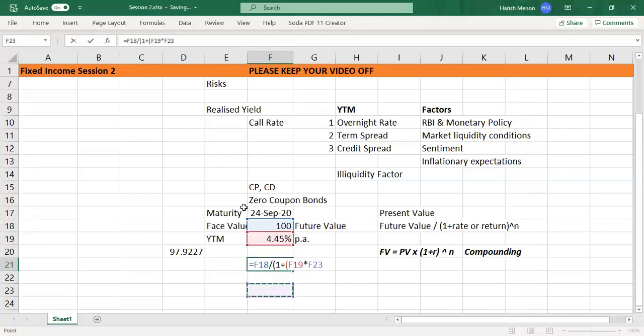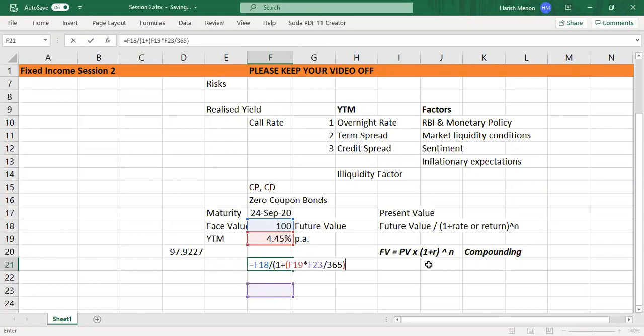So let me put it here, because please understand, yield is per annum, but I don't have 1 year before September. I have only lesser number of days divided by 365. I'm just converting a per annum interest into a lesser number of days interest. Obviously, I will calculate this and I will get you the price. So this is how the pricing will work.